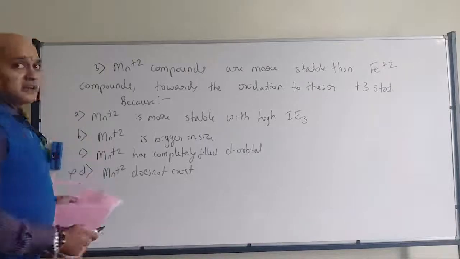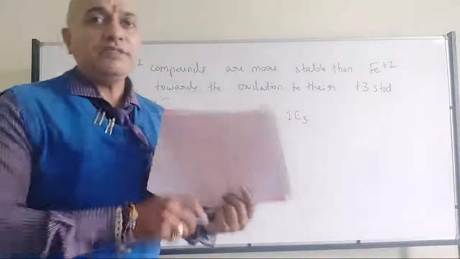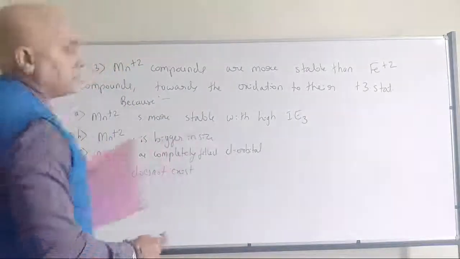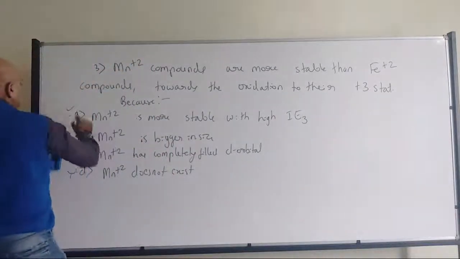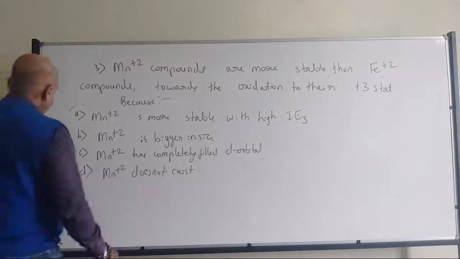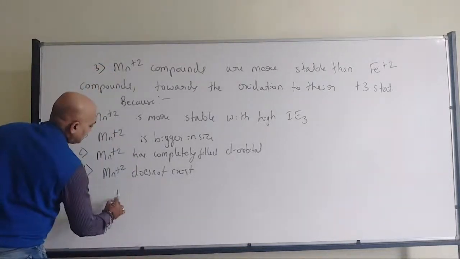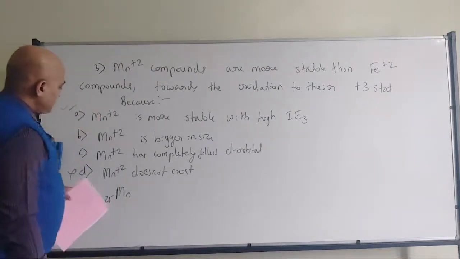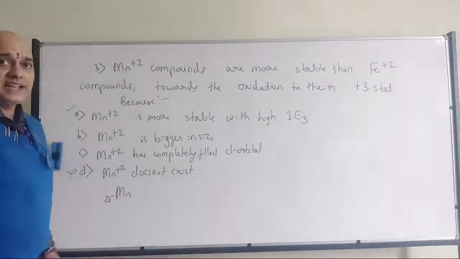Okay, Mayank has given the answer. Any one of you? Okay, Jannavi, very good. Option A. Yes, option A should be the answer. Because all of us know that manganese has atomic number 25. All of you will agree?